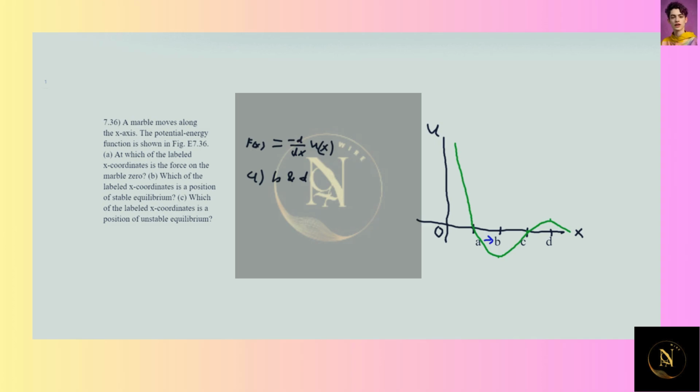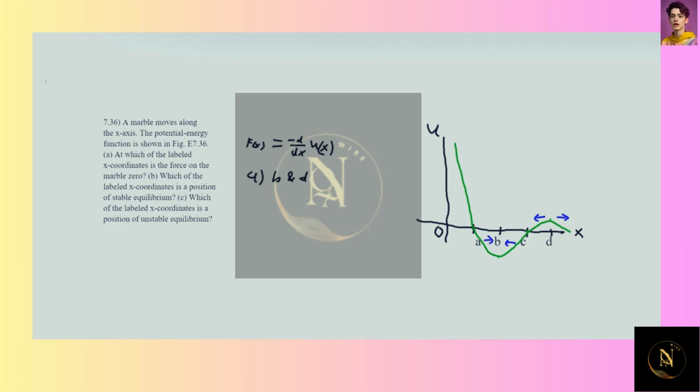From B to C, the slope is positive, so the force is going to be negative. From C to D, the slope is positive, so the force is going to be negative. And from D on, the slope is negative, so the force is going to be positive. So we see if we have a marble here at point B, if it moves off to the side a little bit, the force will push it back.